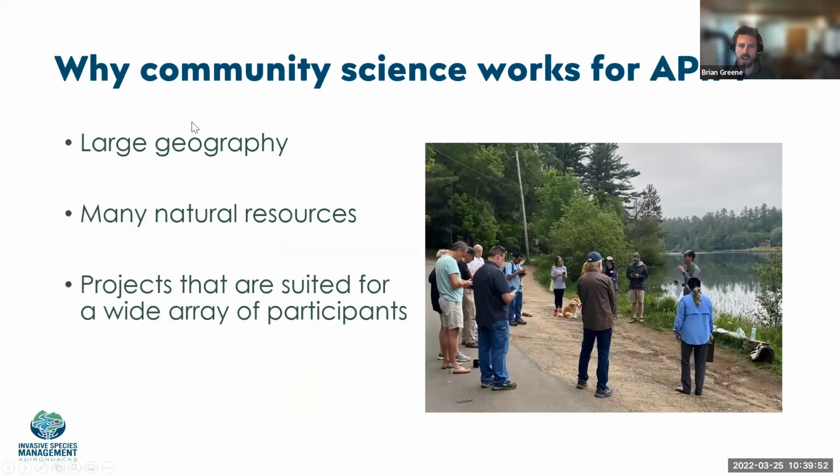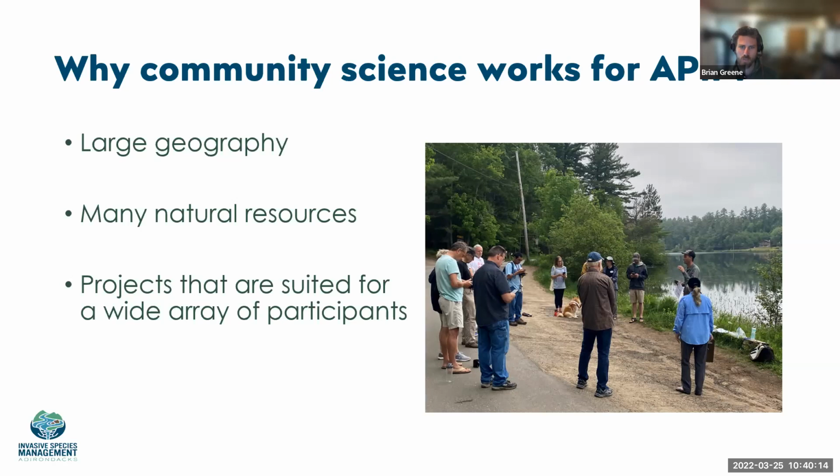So let's talk about why community science works for APIP. We have a large geography, 6.5 million acres we're in charge of. There are many natural resources, over 10,000 lakes, 30,000 miles of streams, countless trees and forests in here. And that's a lot. There's no one organization or group that can monitor all of that.